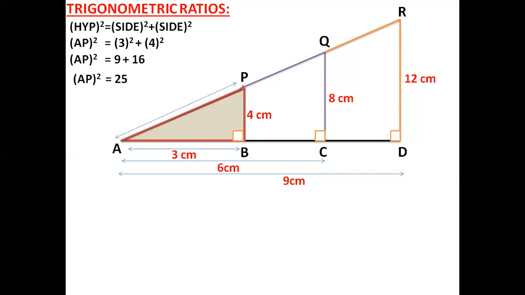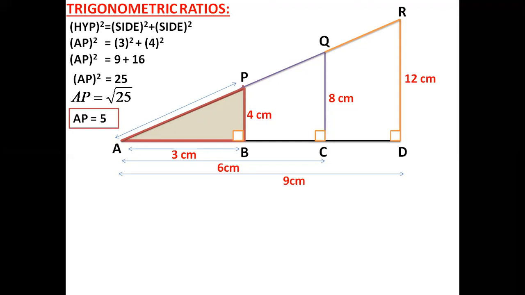If the square goes to the right side, then it becomes a square root. So AP is equal to under root 25. 25 is a perfect square. It can be written as 5 square. So the square root cancels, and that is equal to 5.